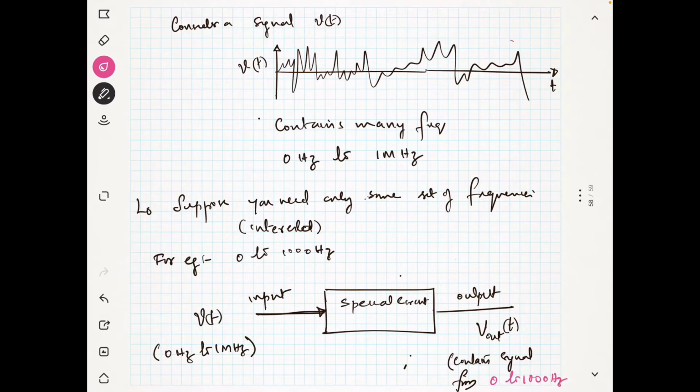So what is this special circuit? This special circuit is nothing but a filter. That means you are filtering out all other signals.